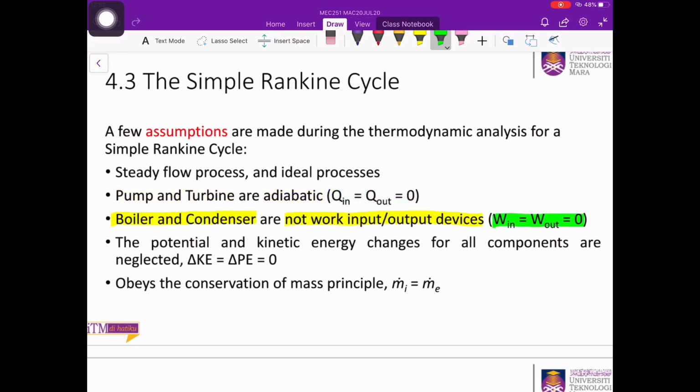Meanwhile, boiler and condenser are not work-producing or consuming devices, therefore the work in and work out terms will be neglected. Since we are assuming all the steady flow devices work ideally, the potential and kinetic energy terms for all components will be neglected. And lastly, we assume that this cycle obeys the conservation of mass principle.